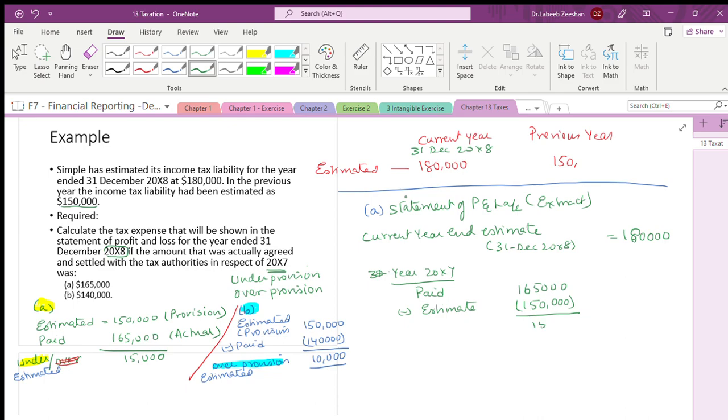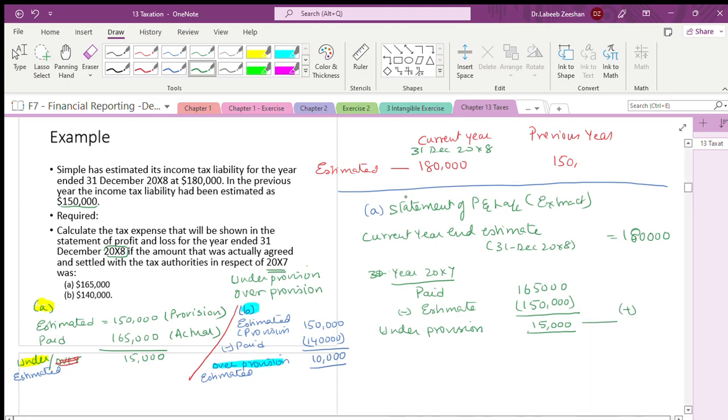15,000 is nothing but the under provision. This under provision has to be added to the current estimates. Means first we have to pay last year. Any outstanding we have to pay first, and add to the current year.